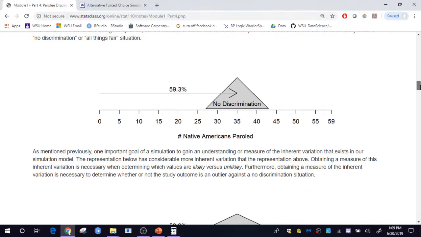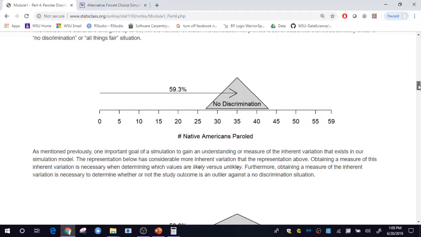I've mentioned this before, but an important element of the simulation model is to gain an understanding or a measure of that inherent variation that exists in our simulation. So in this particular picture, that inherent variation goes from about 27, 28, up to about 43 or so.